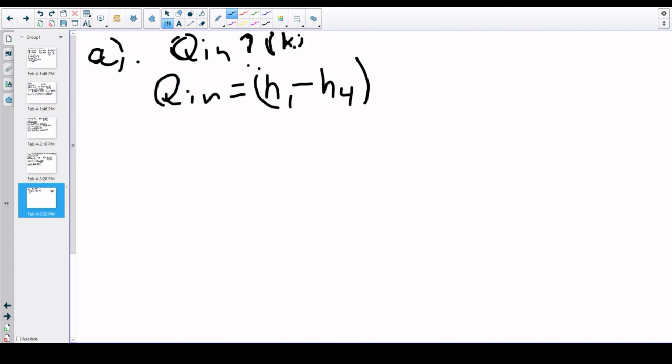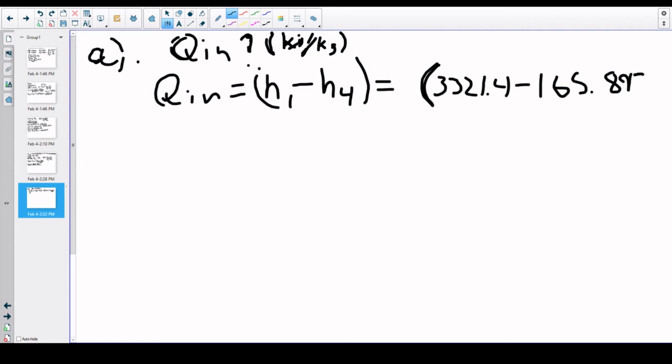Qn is just the difference in enthalpies of the states after and before the boiler: H1 minus H4, which in this case is 3321.4 minus 165.897. This gives a Qn value of 3155.5.